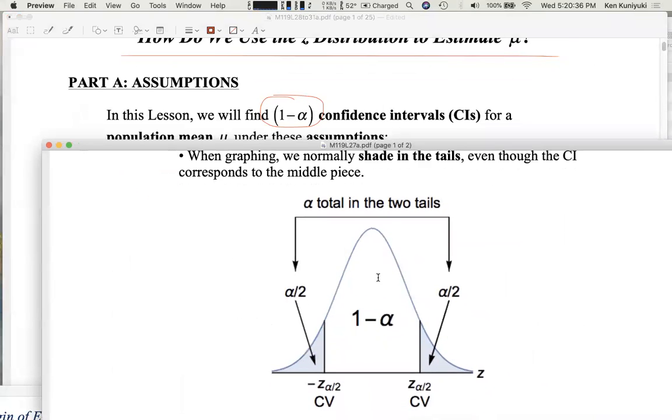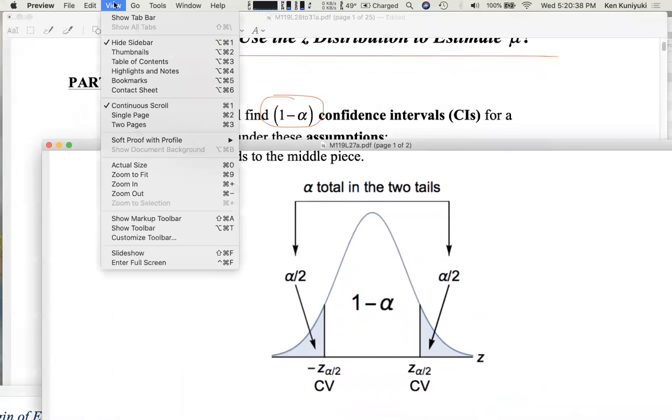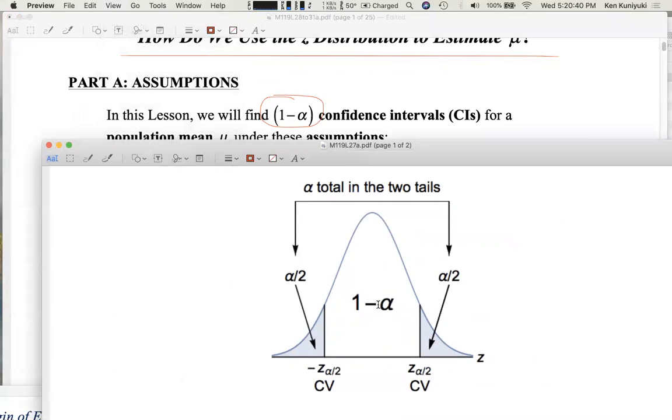Because remember, 1 minus alpha corresponds to this white region in the middle, the probability or area inside this region. And then alpha, the complement, is the total in the two tails. And often in actual tables or with software, you use alpha or half alpha to figure out what these critical values are.